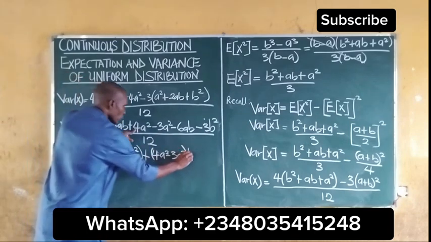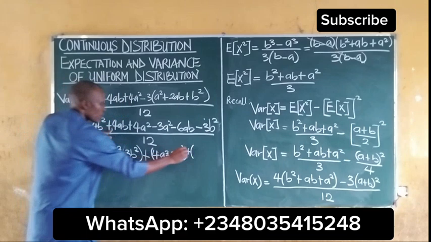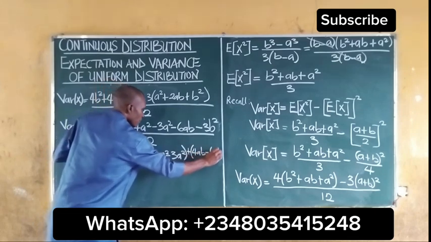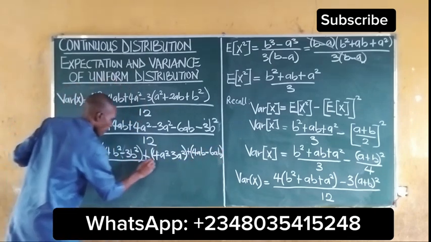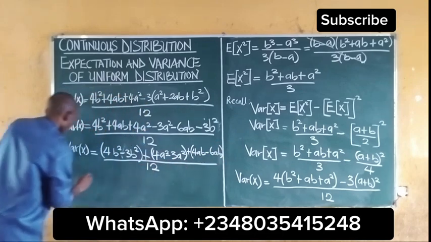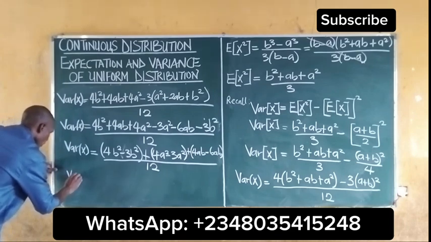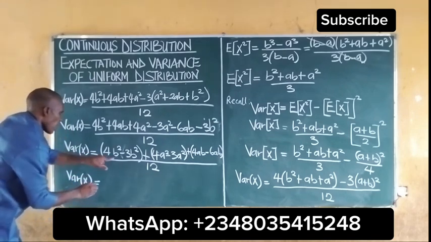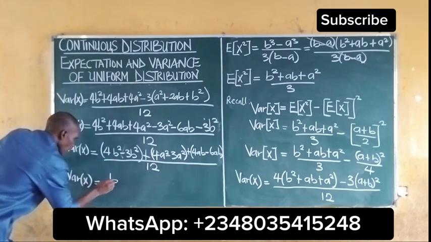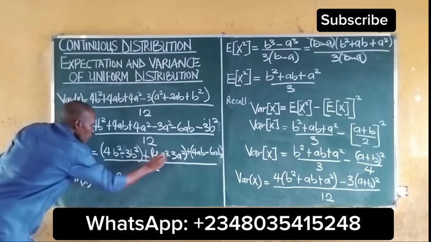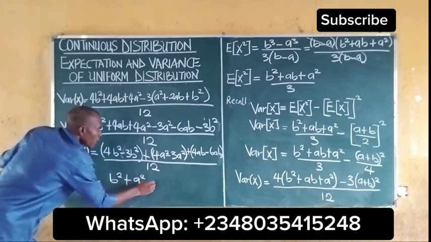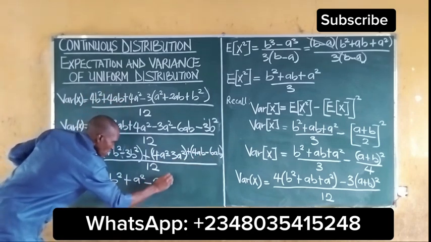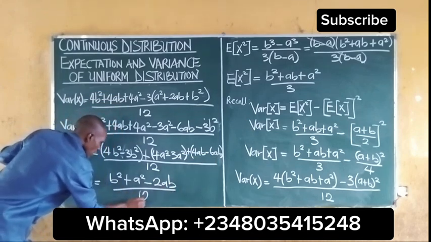We take the last plus 4ab minus 6ab all over 12. So our variance of x will be equal to, of course, here we have b squared plus a squared, and 4ab minus 6ab will give you minus 2ab all over 12.